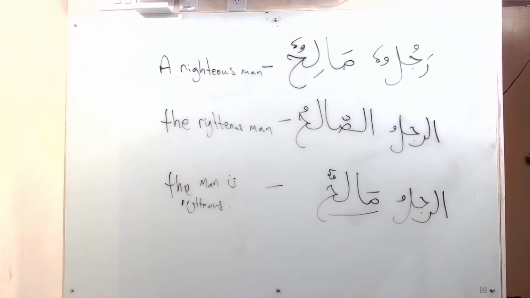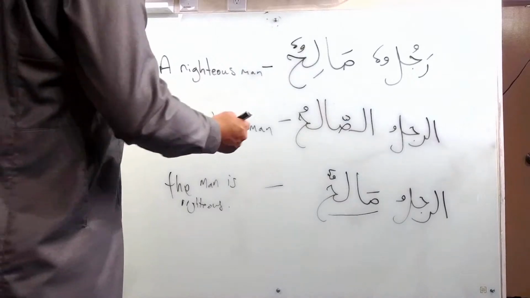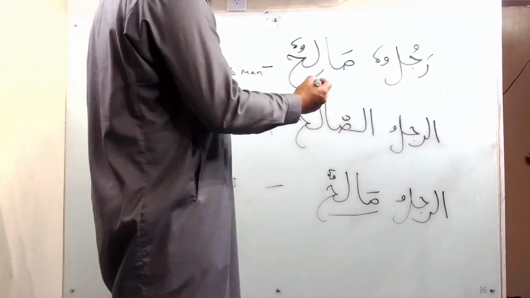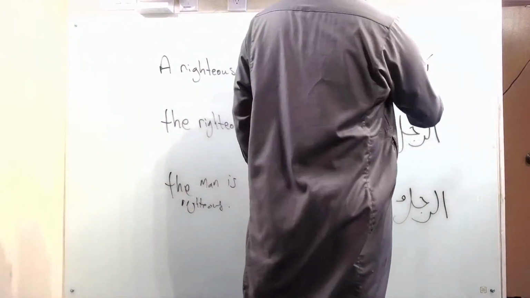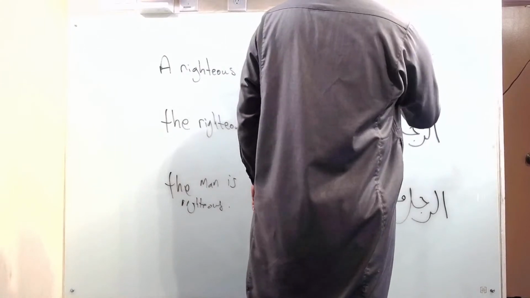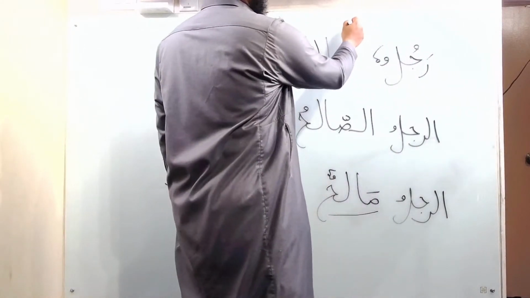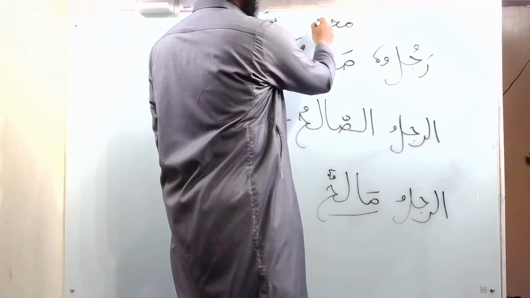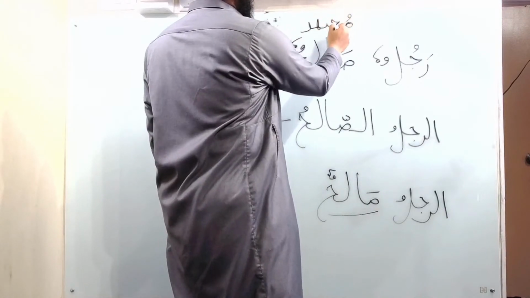Now, if you take a different word and follow the same pattern, for example, you have the word mujtahid. What's mujtahid? Hard working.